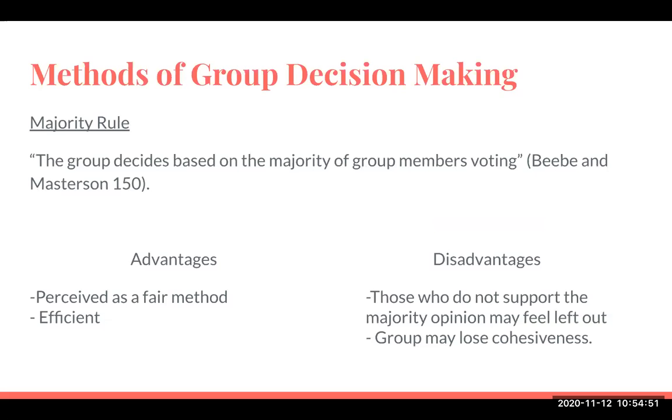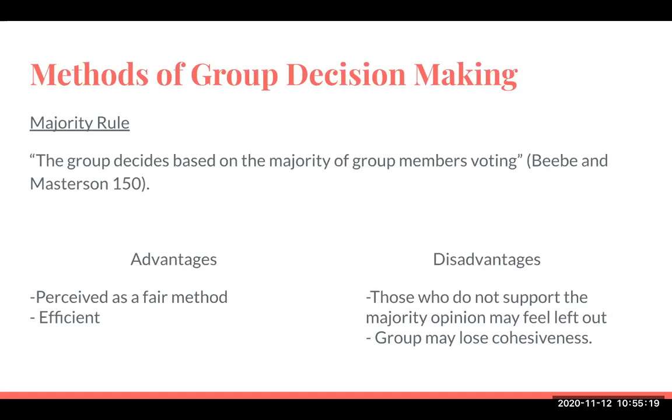chance. So the next decision-making method we have is majority rule, and that is where the group decides based on the majority of the group members voting. So whatever decision the most people want, that's what you'll choose. It is perceived as a fair method, and it can be efficient, not as fast and easy as random choice, but still pretty quickly you can come to a decision.